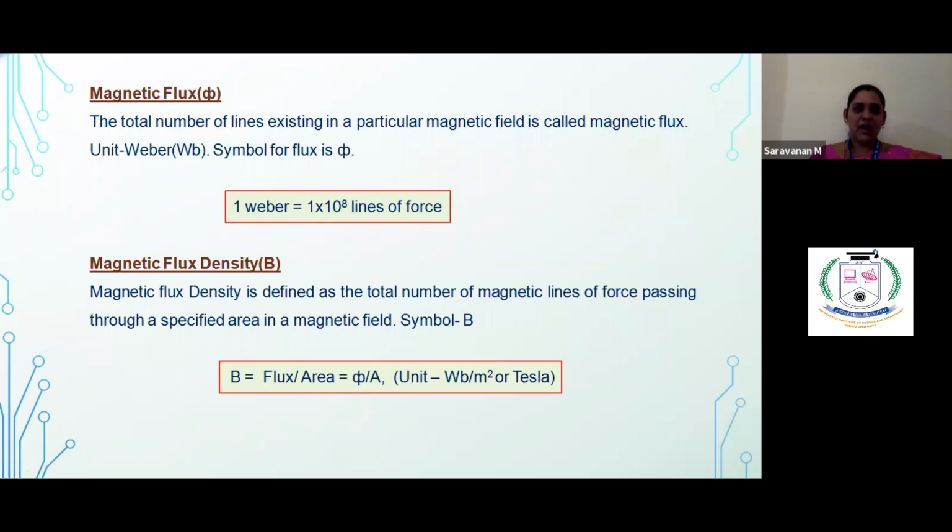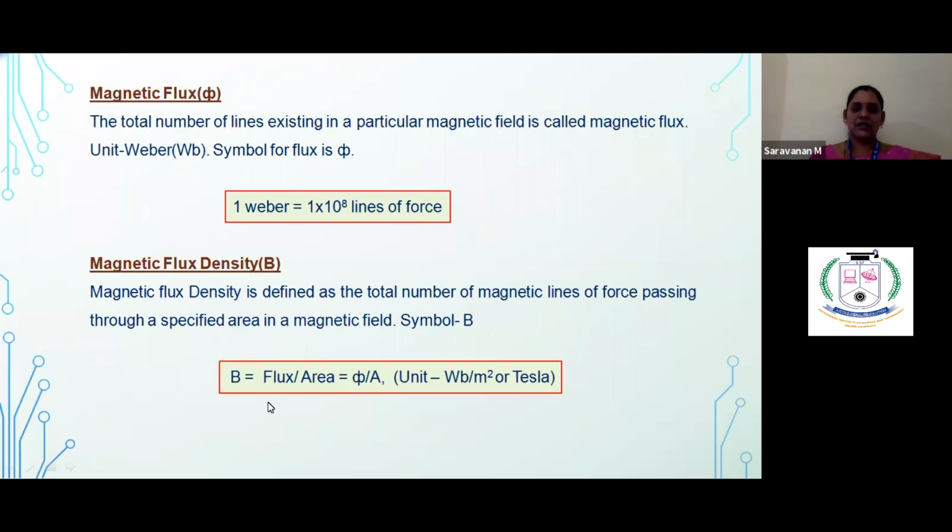Similarly, what do you mean by magnetic flux density? It is the total number of magnetic lines of force passing through a specific area in a magnetic field, and it is denoted by the symbol B. So B is given by flux by A. The unit of flux is Weber, and area is measured in meter square.